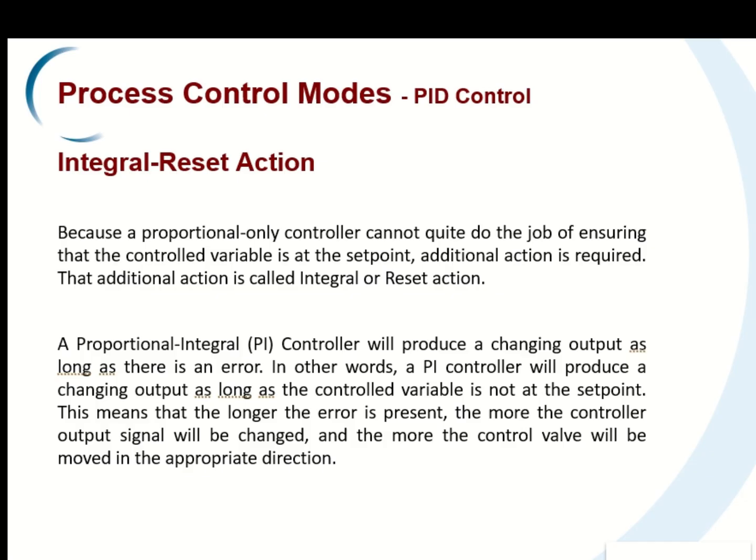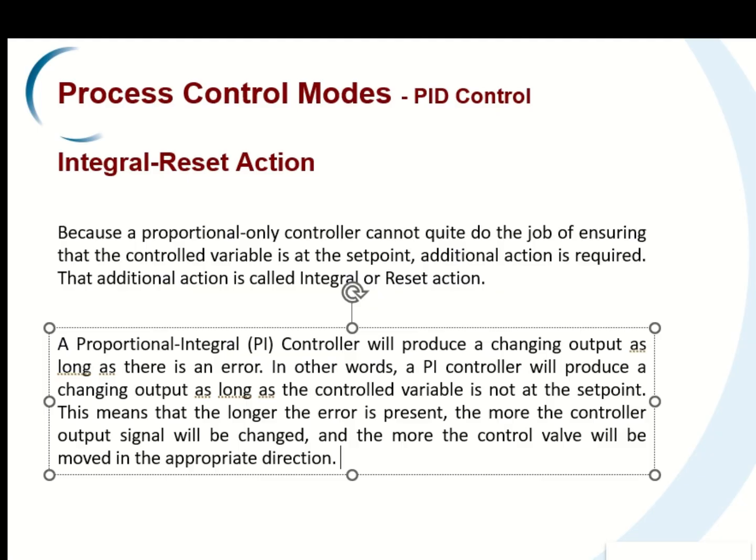In other words, PI control will produce a changing output as long as the controlled variable is not at the set point. So see, it's trying to change so that the set point is achieved. This means that the longer the error is present, the more the controller output signal will be changed and the more the control valve will be moved in the appropriate direction.